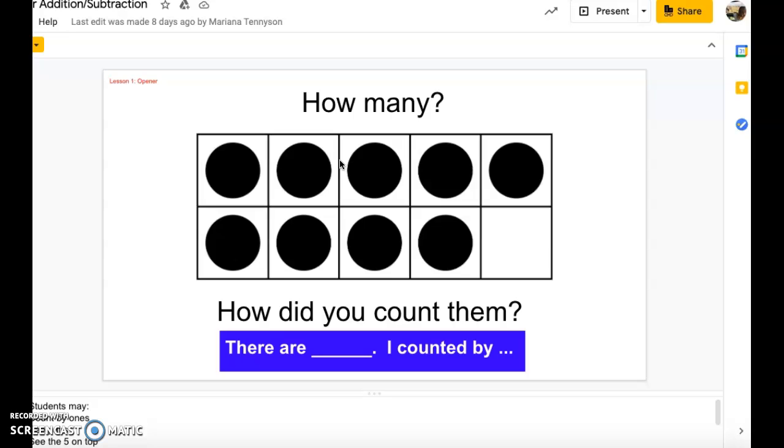What I want you to do is pause the video and go get those tens frames, okay? Get your tens frames and set up your tens frame so it looks exactly like this. Go ahead and do that and then make sure you come back.